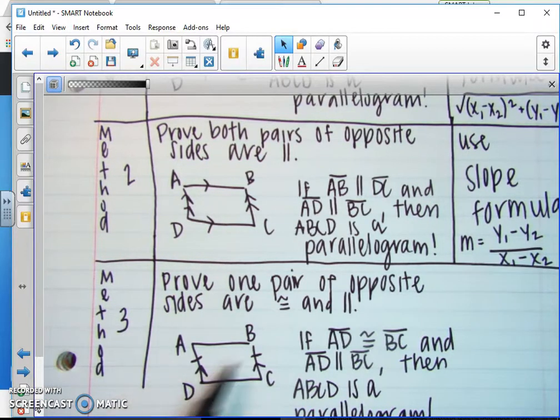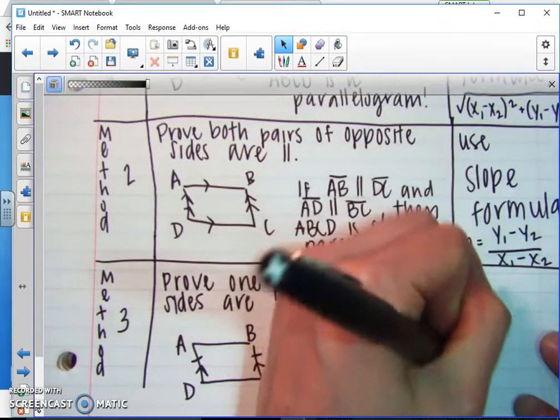Because if we know that one pair of sides are the same length and they're also parallel, no matter what AB or DC are, if you just have that one pair of opposite sides, then it's going to be enough to prove that it's a parallelogram.